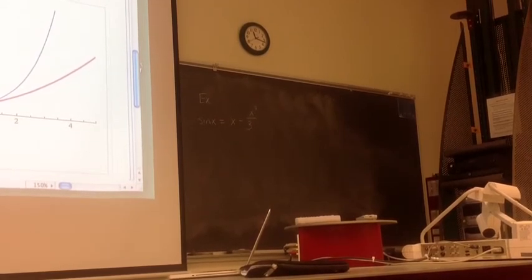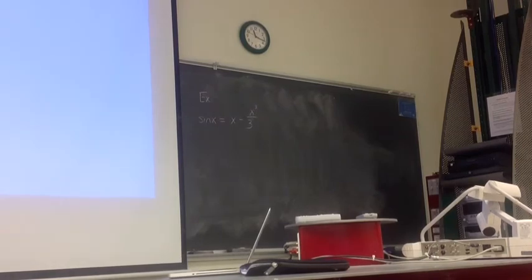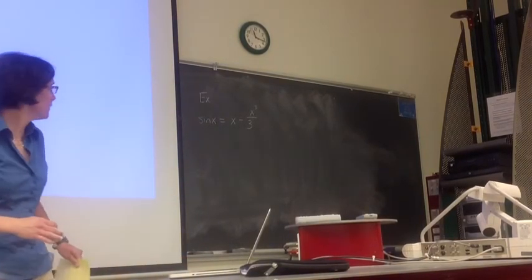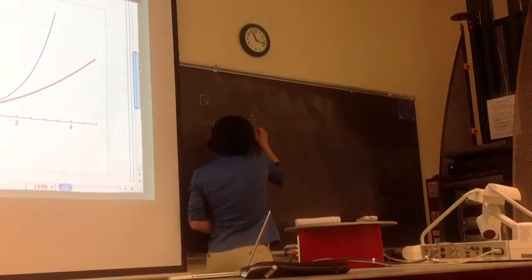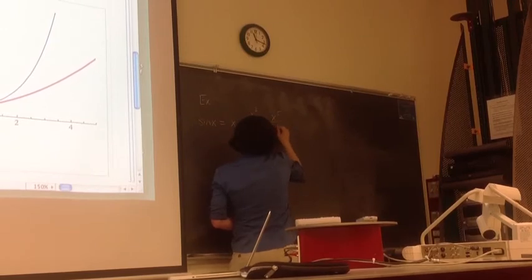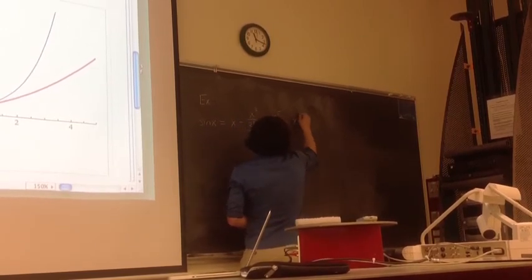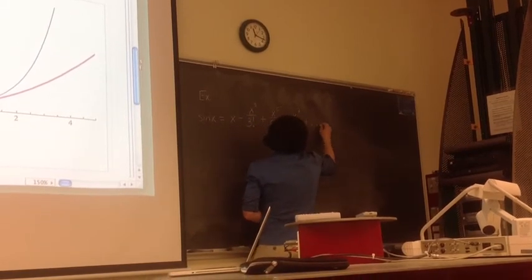And so instead of 1 times 2 times 3 times 4 times 5, I can write that as 5 factorial. All right, so here for sine x, I have x minus x cubed over 3 factorial plus x to the 5th over 5 factorial minus x to the 7th over 7 factorial plus, and then that keeps on going and going.